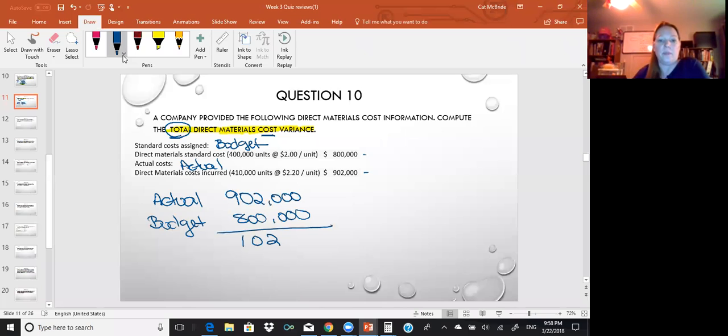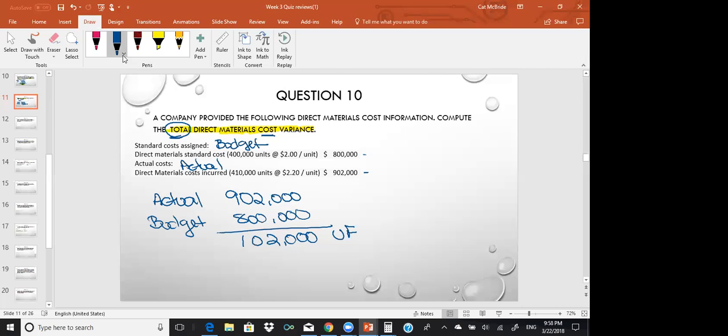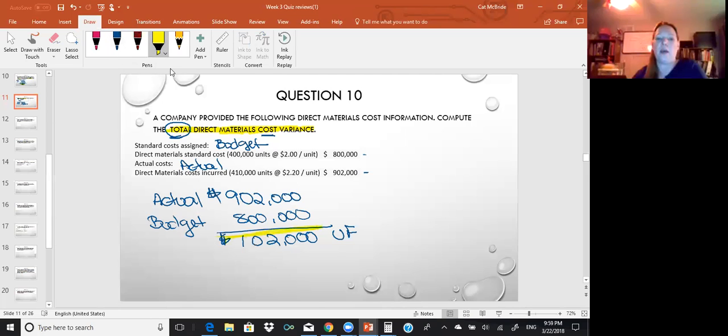Cost variance of 102. But then, is it favorable or unfavorable? Actual exceeds budgeted, so it's unfavorable. It's unfavorable because we actually spent more than we had planned to. So it's 102,000 unfavorable.